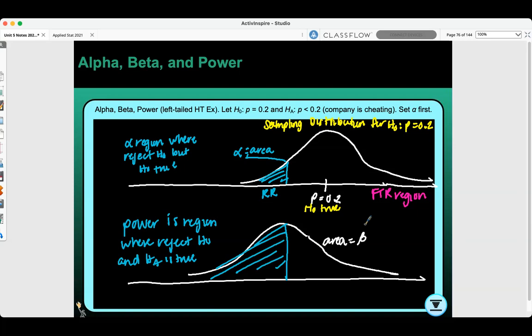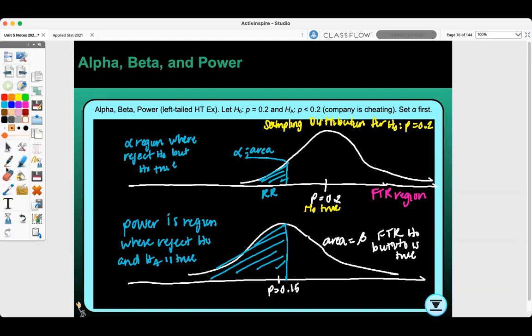And beta is the area where we fail to reject the null hypothesis, but the alternative hypothesis is true. And our true value could change to 0.15.